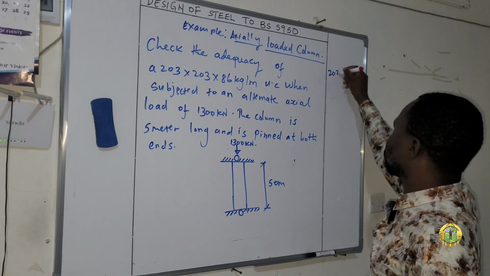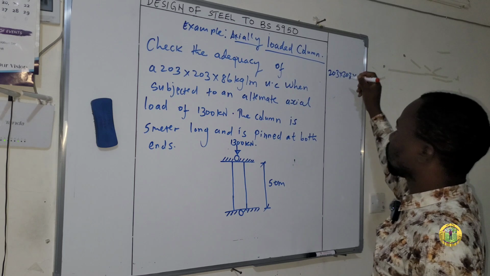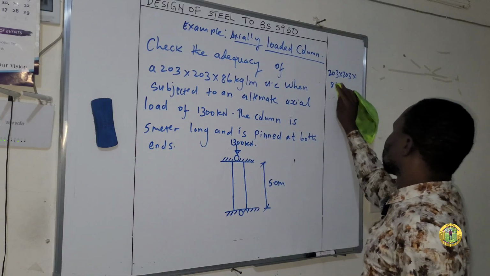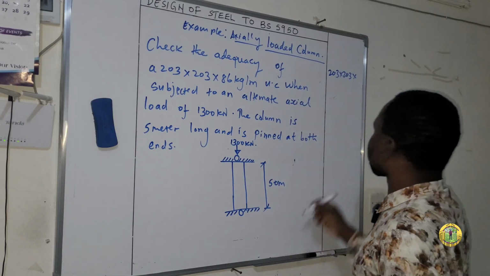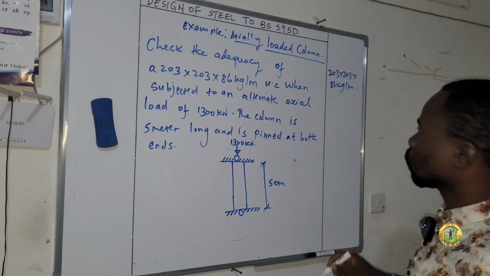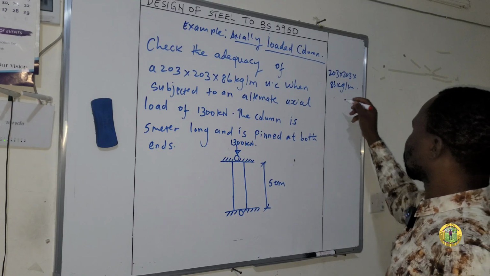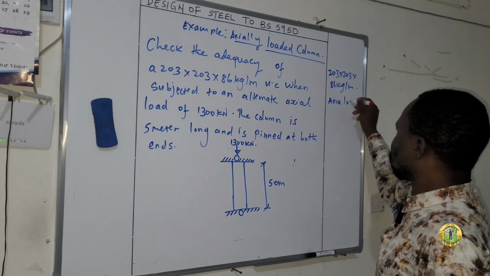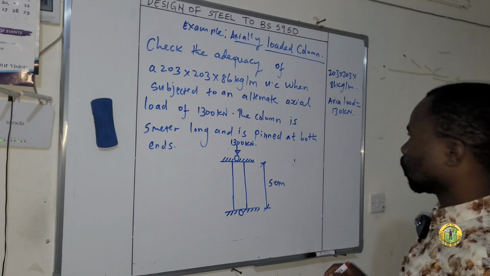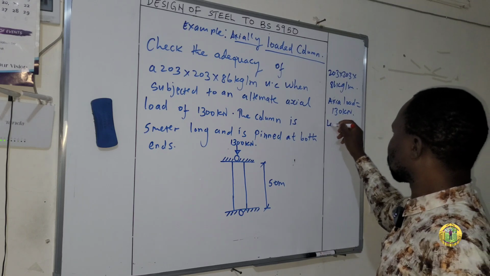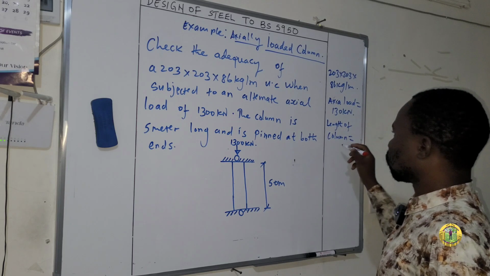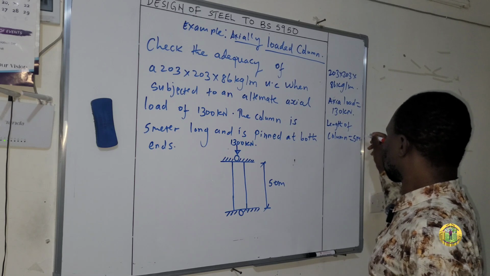So it is a 203 by 203 by 86 kilogram per meter, and the axial load is equal to 130 kilonewton, and the length of the column is equal to 5 meters, like that.